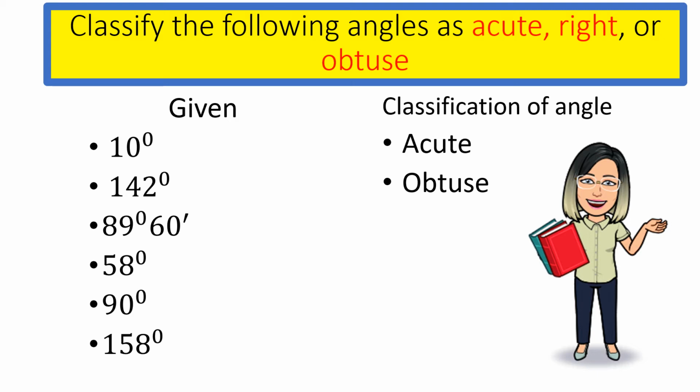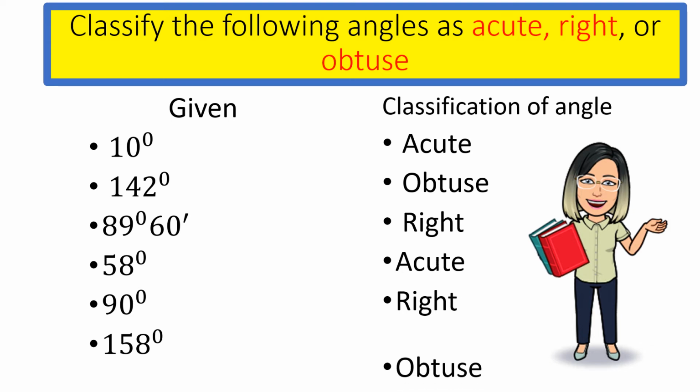That is a right angle. 58 degrees is an acute angle. 90 degrees is a right angle. And 158 degrees is an obtuse angle.